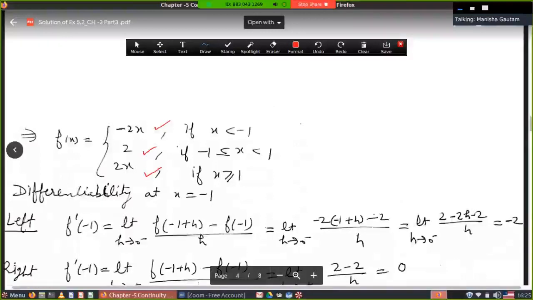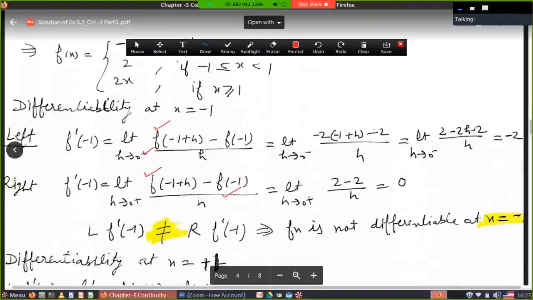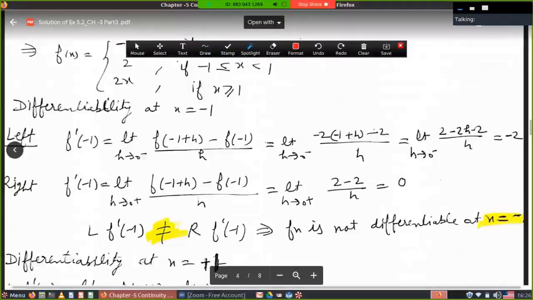Now to check the differentiability at x equal to minus 1, you have to take the left hand derivative formula and the right hand derivative formula. First, f dash minus 1, the derivative of the function at x equal to minus 1. I am applying the left hand derivative formula: limit h tending towards 0 negative.